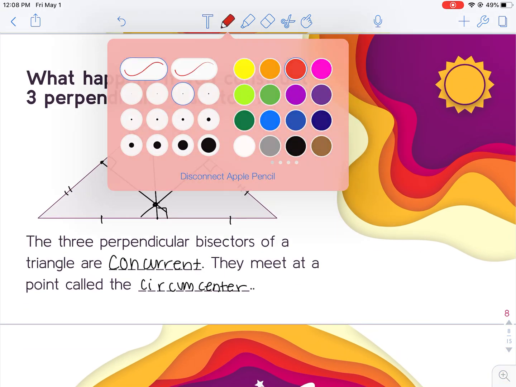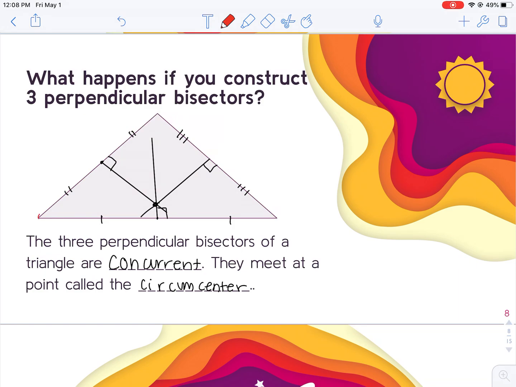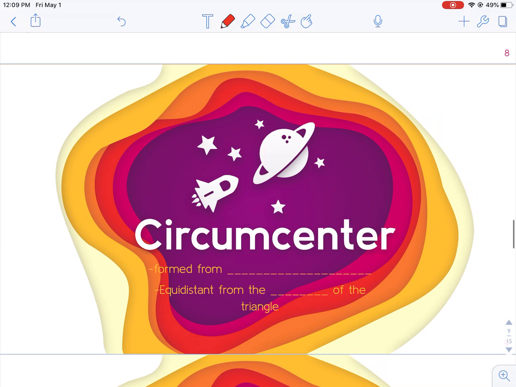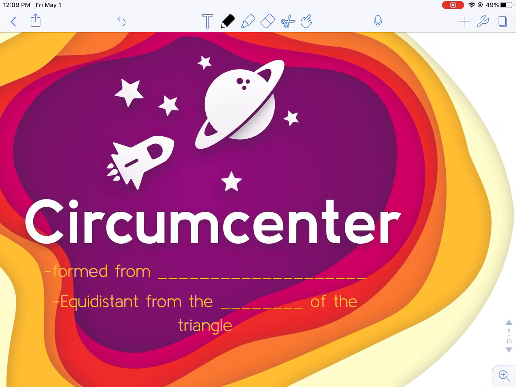And with the circumcenter, I end up with a circle that goes through the vertices of each triangle with the circumcenter as the center. So it is the same distance to each vertex. So to review that, it is formed from perpendicular bisectors.